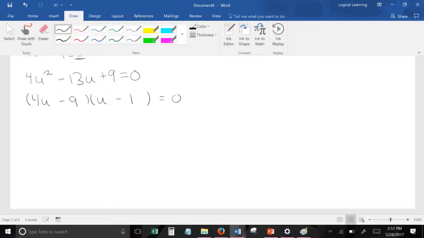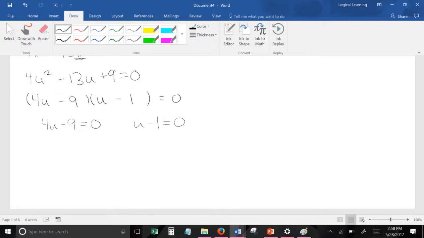What I did was I took the multiples of 9, which is 1 times 9 and 3 times 3, and the multiples of 4, which is 1 times 4 and 2 times 2, and I kind of just plugged them in and played around with it until I got something that would give me -13 in the middle. And you could see that 4u times -1 is -4u, and 9 times u is -9u, and -9u minus 4u will give us -13u, so that'll work out. Now we use the zero product property and set them both equal to 0.